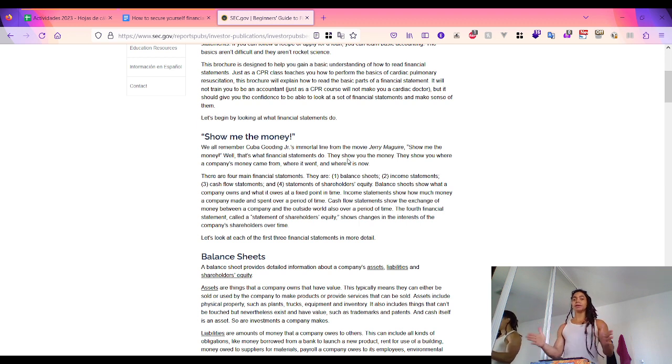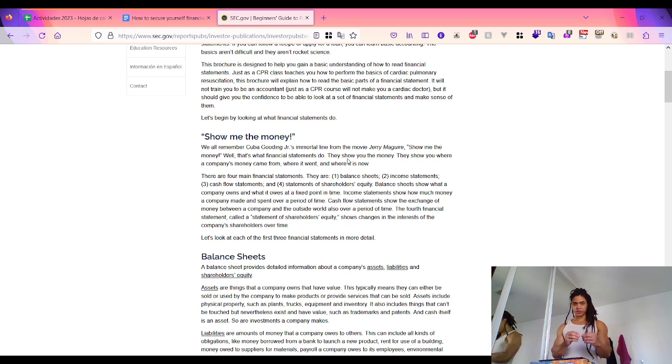And then you have liabilities, which are generally listed based on their due dates. You have short-term obligations that a company expects to pay off within a year, or long-term, due in more than one year.